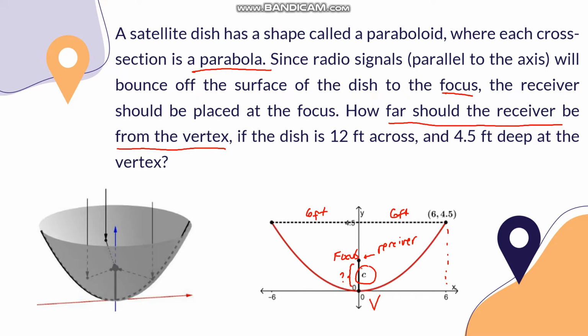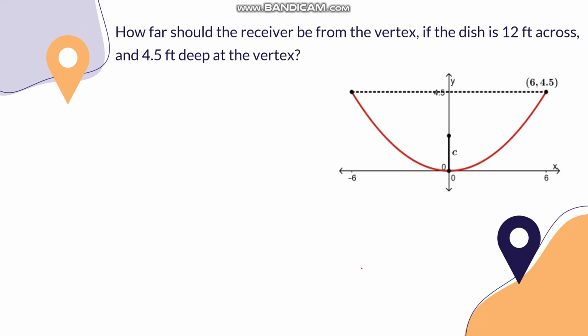We have to identify the value of c, because, recalling the concepts of parabolas, c represents the distance of the focus from the vertex. So that is the one we have to look for. Now let's solve. Again, our goal is to solve for c, because that represents the distance from the vertex to the focus, where the receiver is placed.